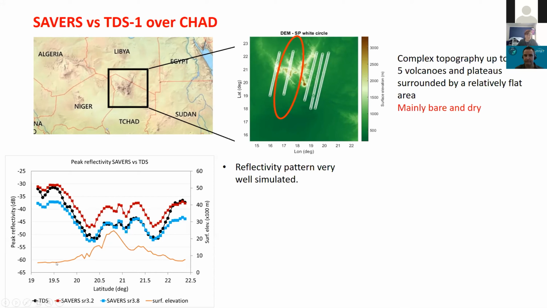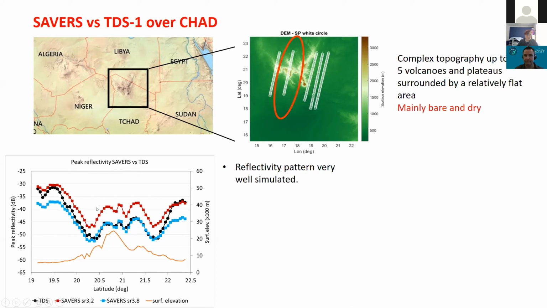The orange continuous line represents the surface elevation variation along the track. The blue data corresponds to a simulation with SAVERS with a roughness of 3.8 centimeters.